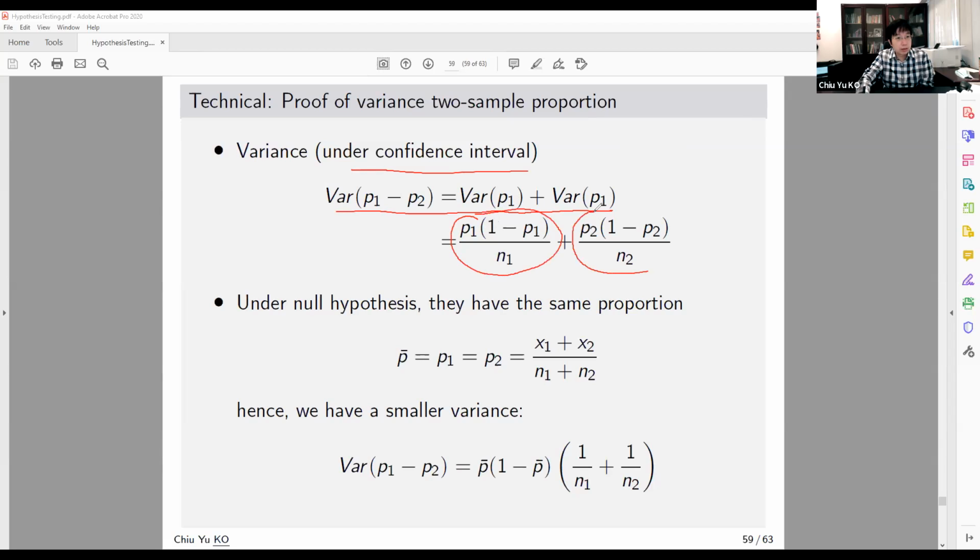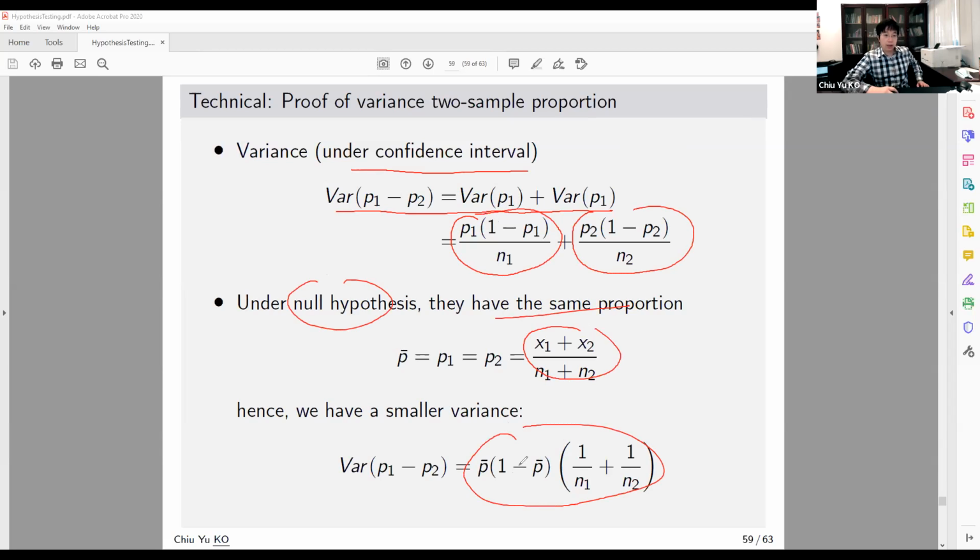Under the null hypothesis testing, they're the same. So that's why we estimate it this way. So with this formula, this is smaller.